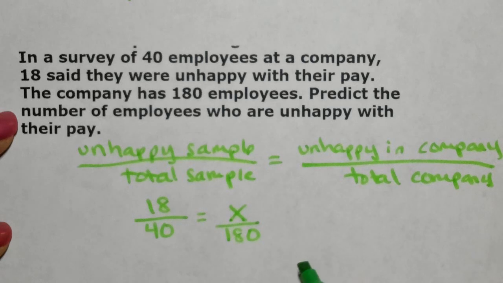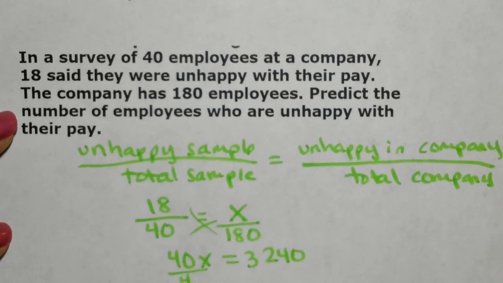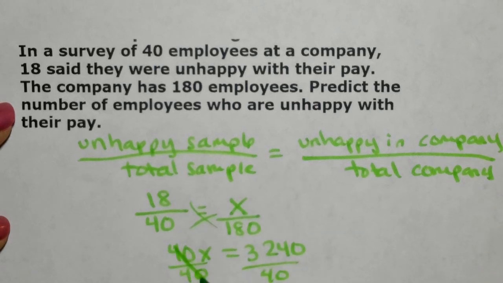All we have to do is solve for x. We're going to cross multiply. You're going to have 40x equals 18 times 180, which is 3,240. Let's divide by 40. And that is x equals 81. All right, and that's it.